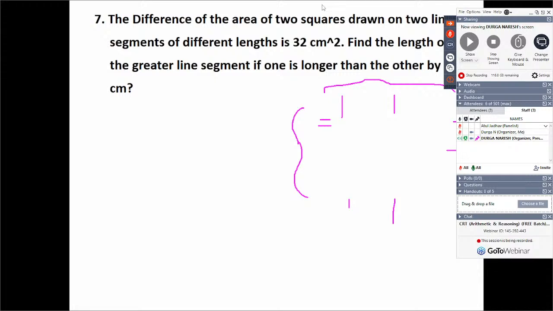So both squares are different, which means one is larger and the second one is smaller. Find the length of the greater line segment. All sides are equal in a square. If one is longer than the other by 2 centimeters, for example, the side of the first square is L, the side of the other square is L plus 2.